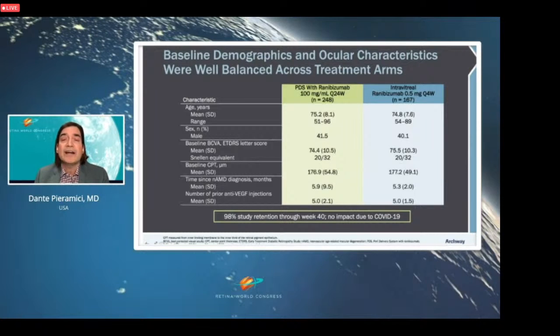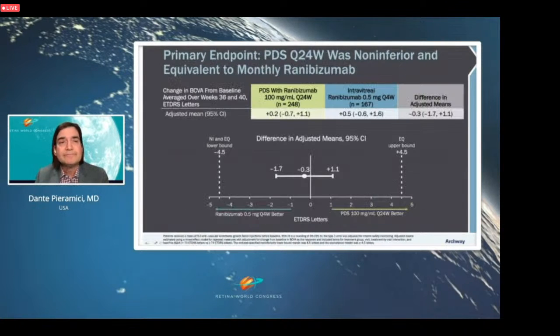I would emphasize that these are not patients naive to anti-VEGF agents and on average had 5 previous anti-VEGF injections and had a diagnosis of neovascular AMD for about 6 months. The study retention was excellent at 98%, and there was no impact from the COVID-19 virus.